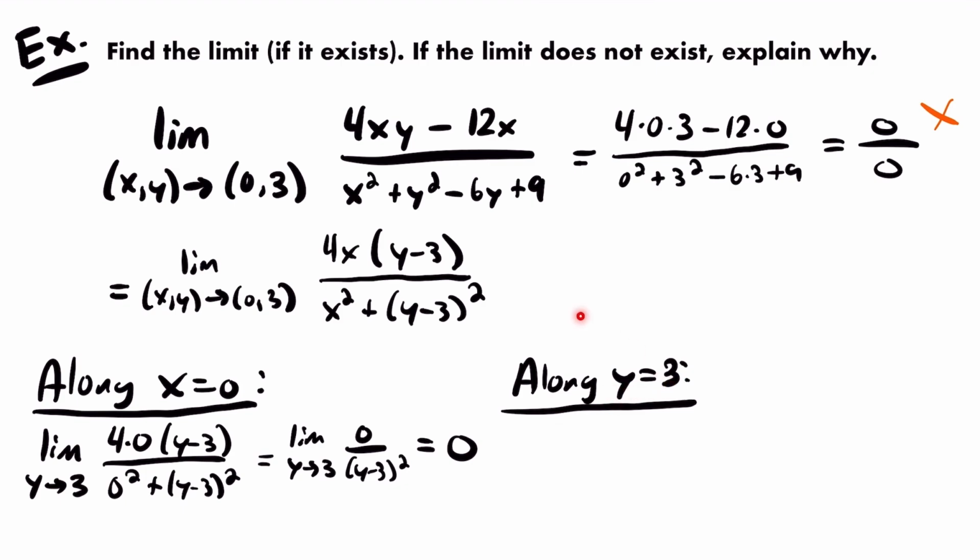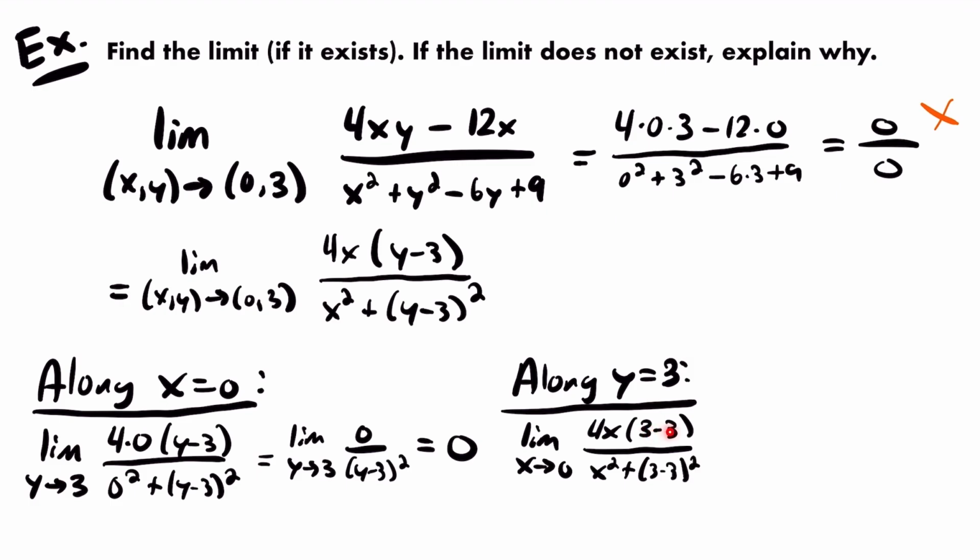If we let y equal 3 in this limit, it will be in terms of x. So we're going to be looking at the limit as x approaches 0 because x is still approaching 0, even when y equals 3. And then we want to replace each of these y's with 3. So you'll have 4x times 3 minus 3 divided by x squared plus 3 minus 3 squared.